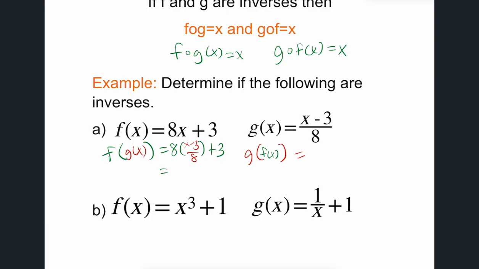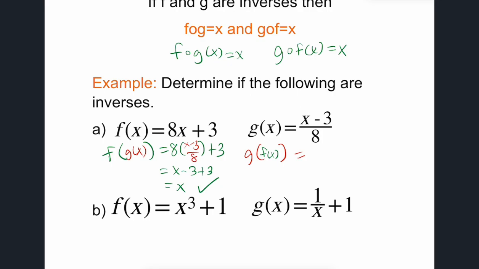And we get x minus 3 plus 3, or x. Bam, first way is right. Because we should always get x, because technically what happened is you stuck in a y, and in the inverse, it becomes an x. We're not done determining if it's right unless it works both ways.